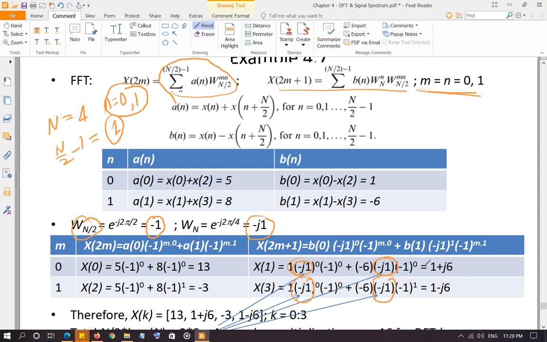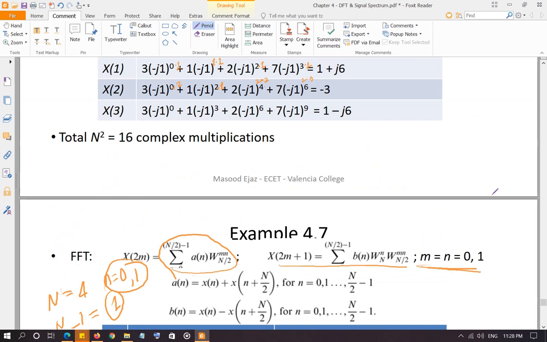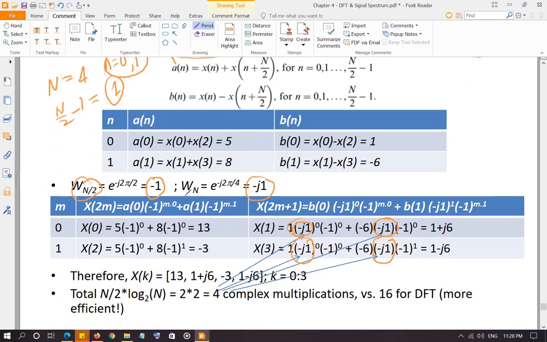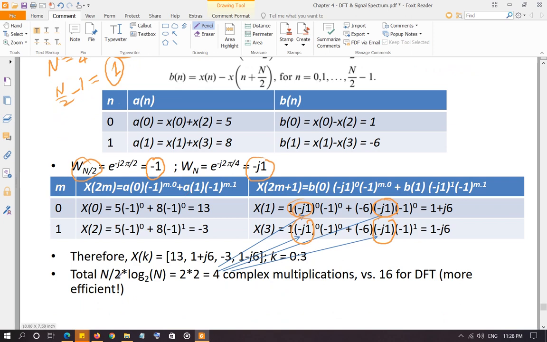So total are 4 complex multiplications versus how many? 16 complex multiplications for the DFT formula. So again, right here, total n by 2 log of n to the base 2. That is 2 times 2, 4 complex multiplications versus 16. So that's the efficiency.